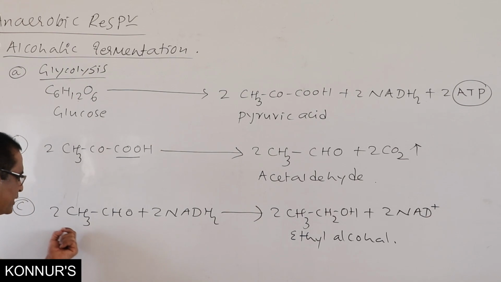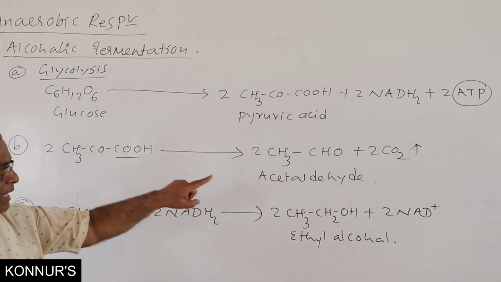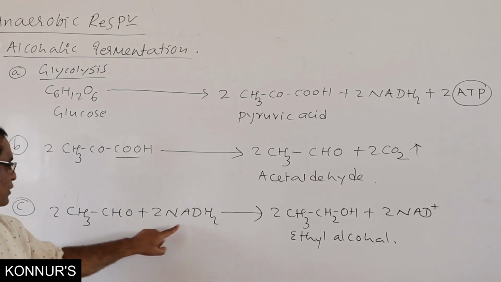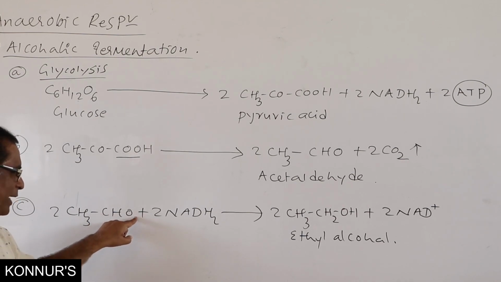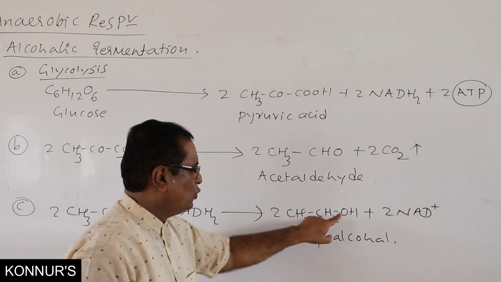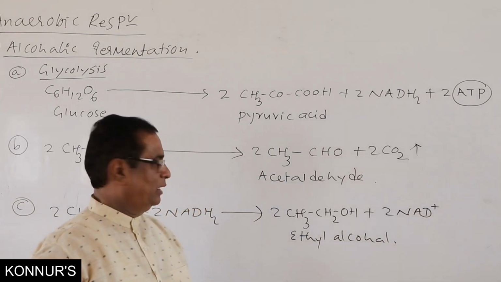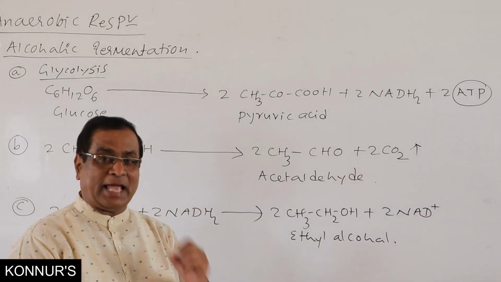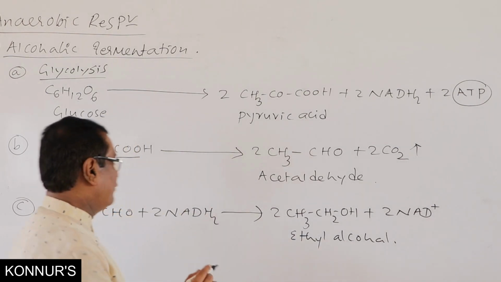And these 2 acetaldehydes get reduced by NADH2. In each acetaldehyde, 2 hydrogens will enter, one H here, that is CH2, another H after O, so that 2 CH3CH2OH and 2 NAD. Hence the formation of ethyl alcohol. It is anaerobic respiration. The type is alcoholic fermentation.